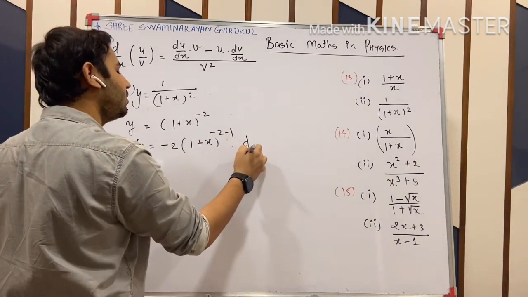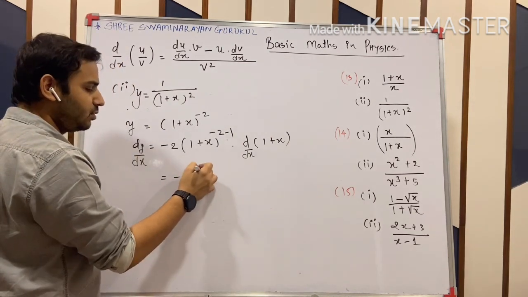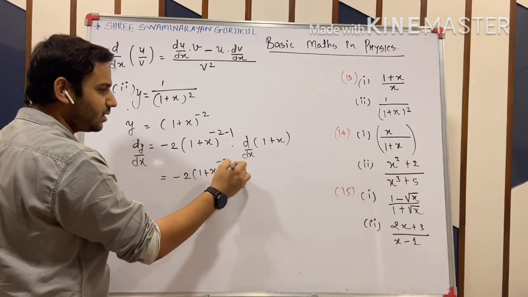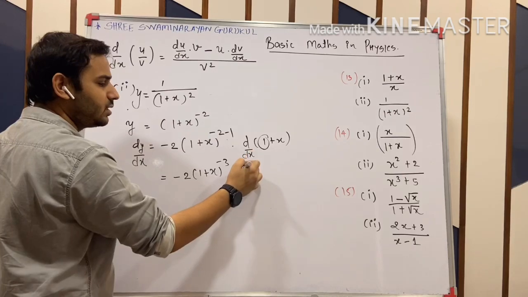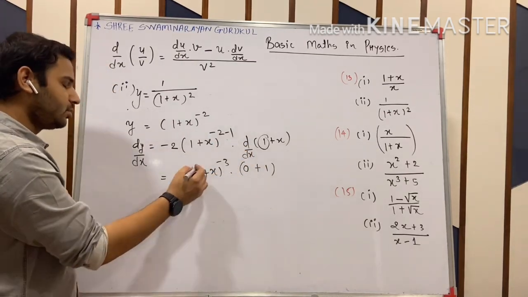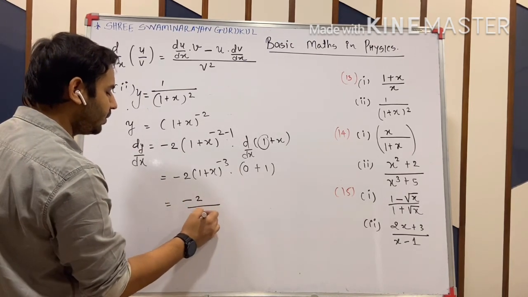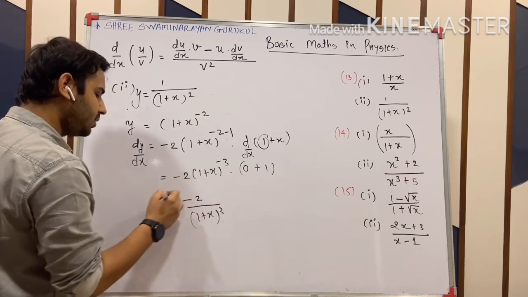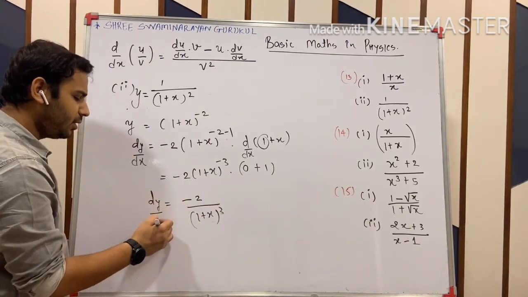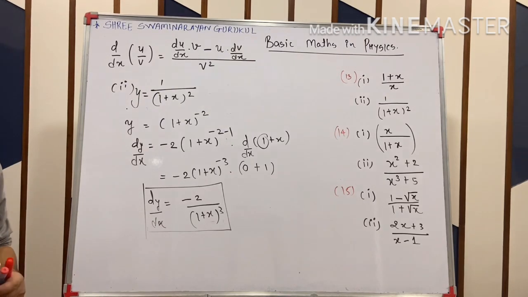So differentiation of 1 plus x is 1, and differentiation of 1 is 0 and of x is 1. Okay, done. So your answer is minus 2 upon 1 plus x raised to 3, dy upon dx. Done. Write it down fast.